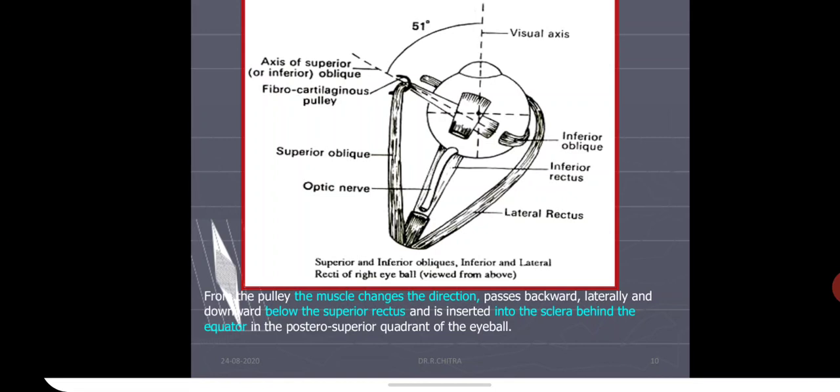If you draw in this picture, you can see the axis of superior oblique also. You draw the visual axis, the axis of superior oblique, and you observe the inferior oblique in the same picture. The axis makes an angle of 51 degrees with the visual axis.